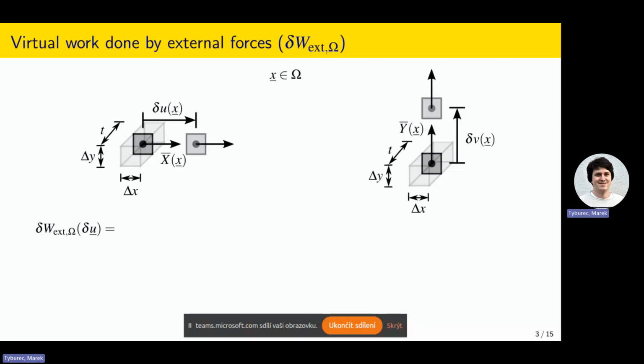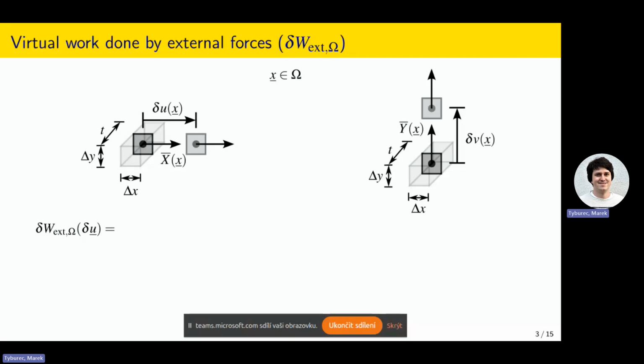But of course, what we would like to do is push this delta x and delta y to the limit. So delta x goes to dx, and delta y goes to dy. So we can derive this using an integral.